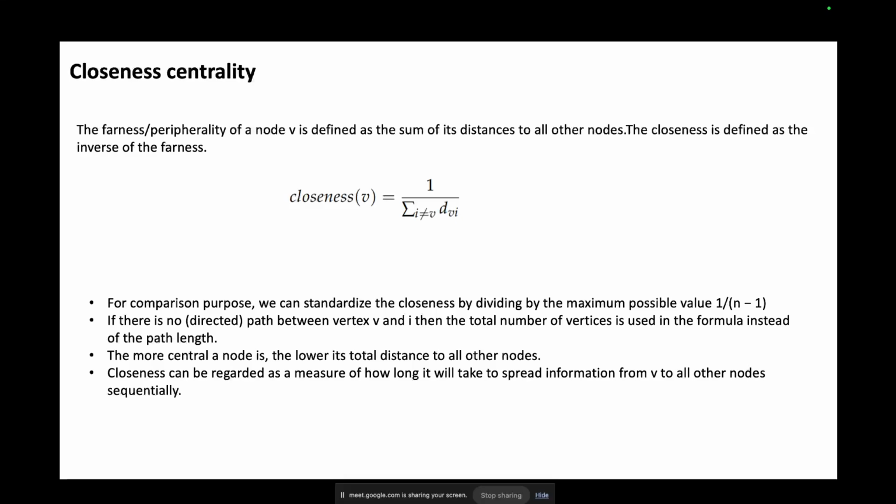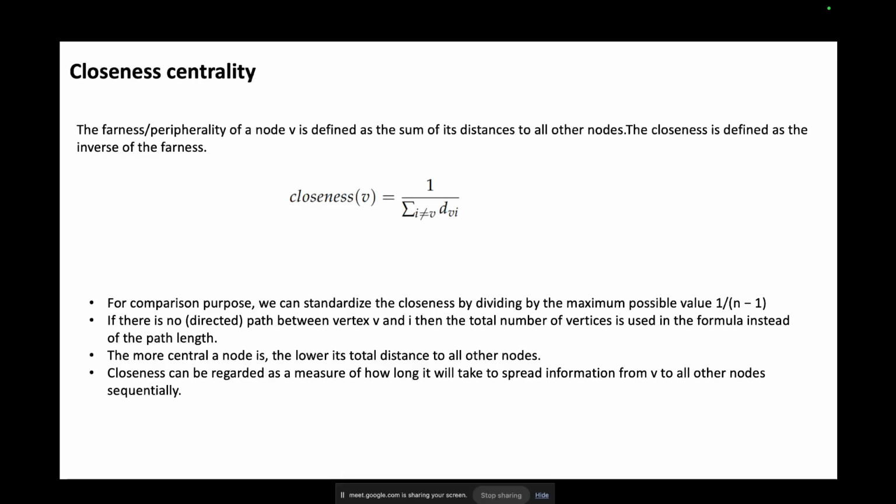As I was saying, the path between node 1 and node 2 is not always the same, so you can have multiple different paths. If you take the sum average of all these paths and you inverse it, that gives you the closeness between two nodes.